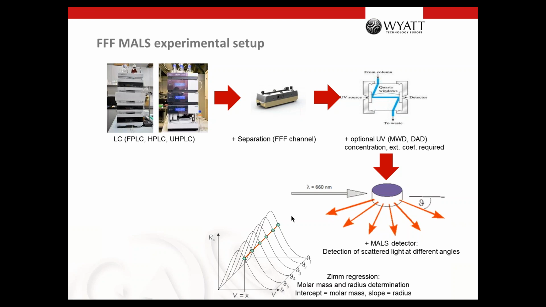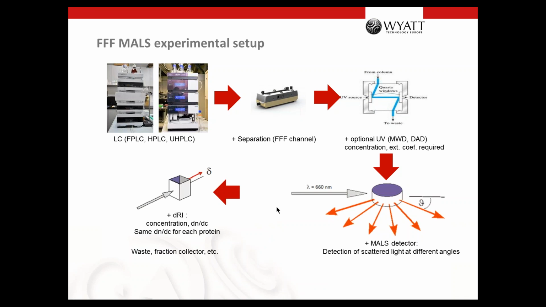For this measurement, we use a concentration detector, and this could be the UV, which we had in front of the light scattering, or we can measure the concentration with the DRI. With the DRI, we have the advantage that a protein has usually a constant dn/dc of 0.185, so it's not necessary to know the extinction coefficient, and quite often it's impossible to measure that.